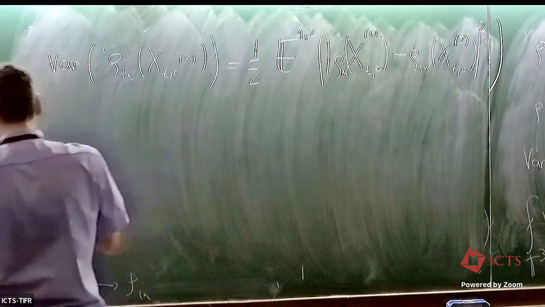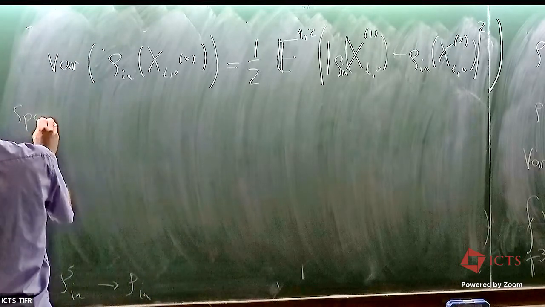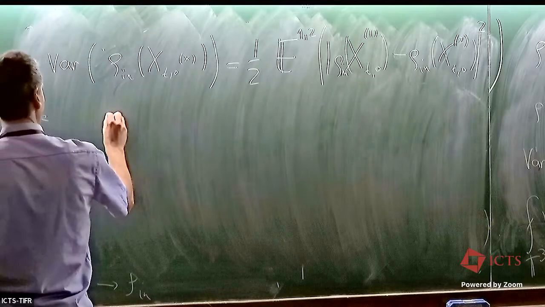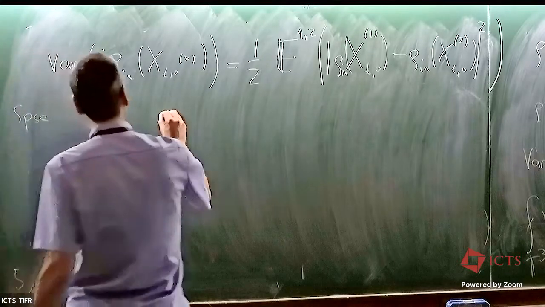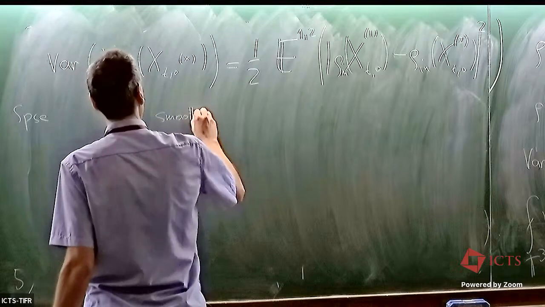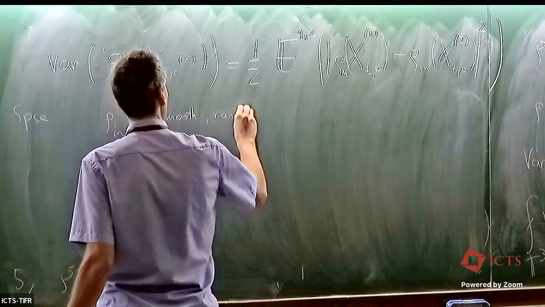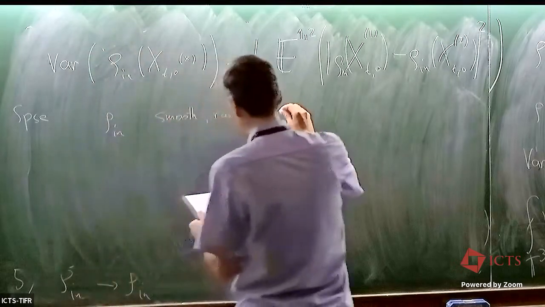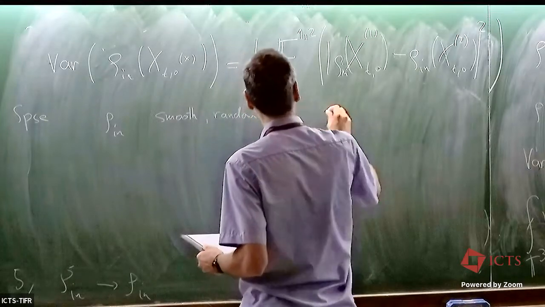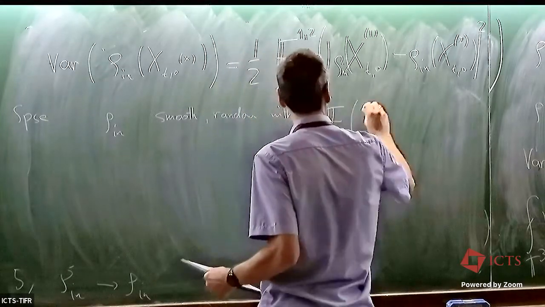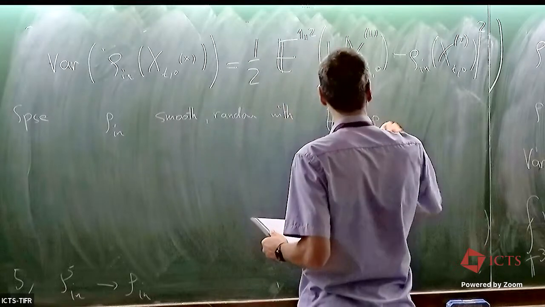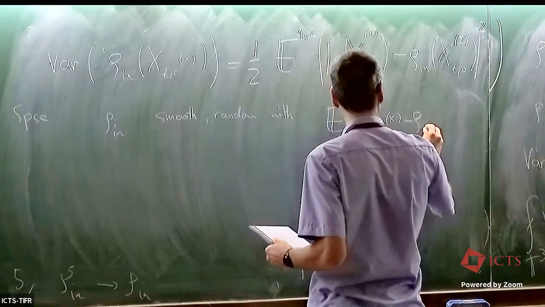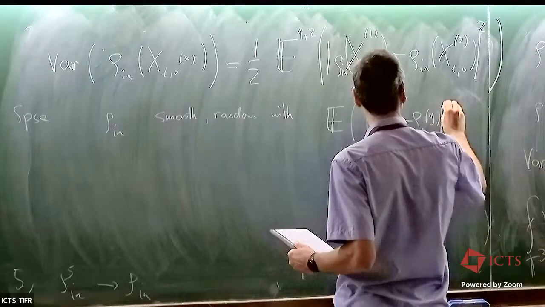And so in particular, suppose that the initial data is now smooth, random, with expectation of differences essentially Lipschitz, but also the same bound from below.